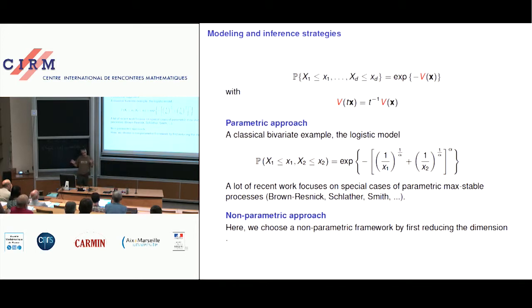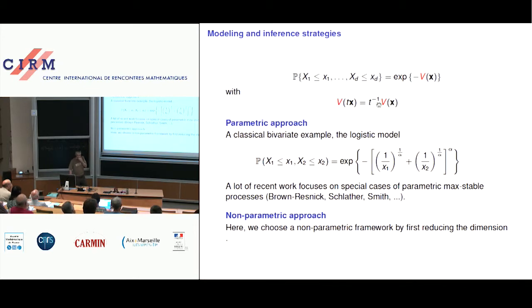But in my talk, I'm going to do something very different from a dynamical system, because I want a non-parametric approach. I don't want to impose anything on the V function except the condition that we have here.